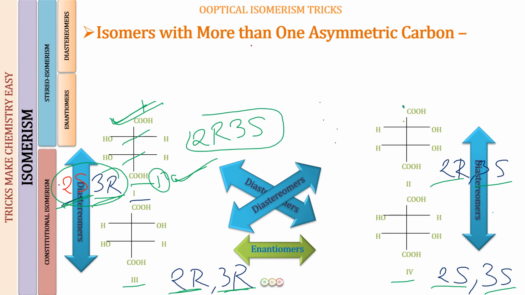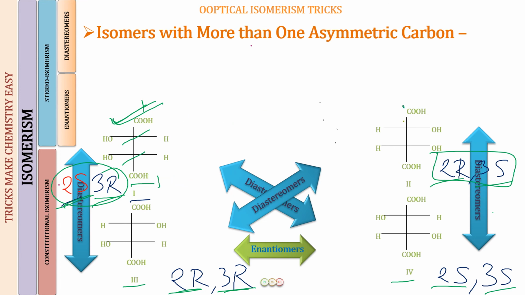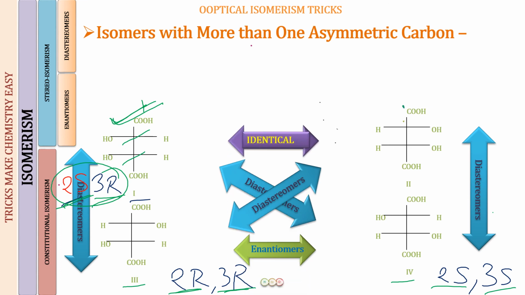So it is a 2R and a 3S, and this one is also a 2R and a 3S. And when the two structures have the same configuration at both of the chirality centers, we call those structures identical. So this is what you have to see over here.